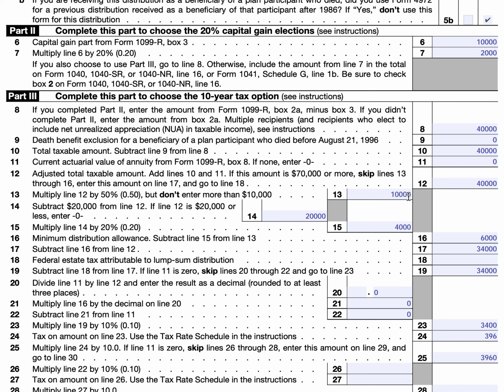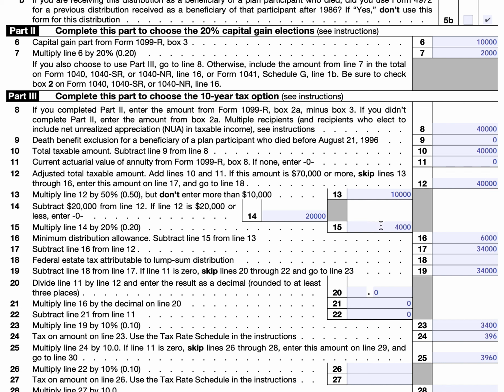So in line 13, we multiplied the line 12 amount by 50%, but we're not supposed to enter more than $10,000. So instead of the $20,000 that we would have come up with, it's $10,000. We're going to subtract $20,000 from the line 12 amount, and we'll put that in line 14. So if the line 12 amount happens to be $20,000, you would enter 0.